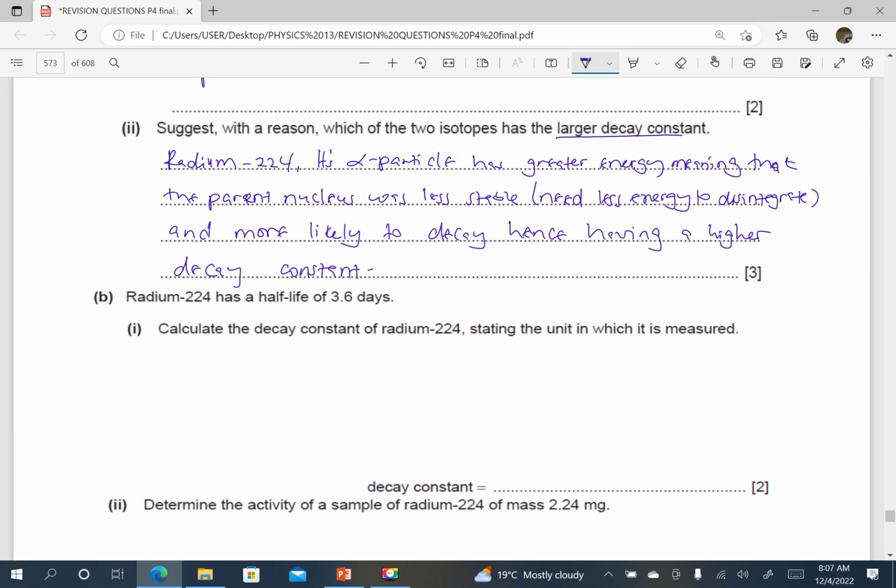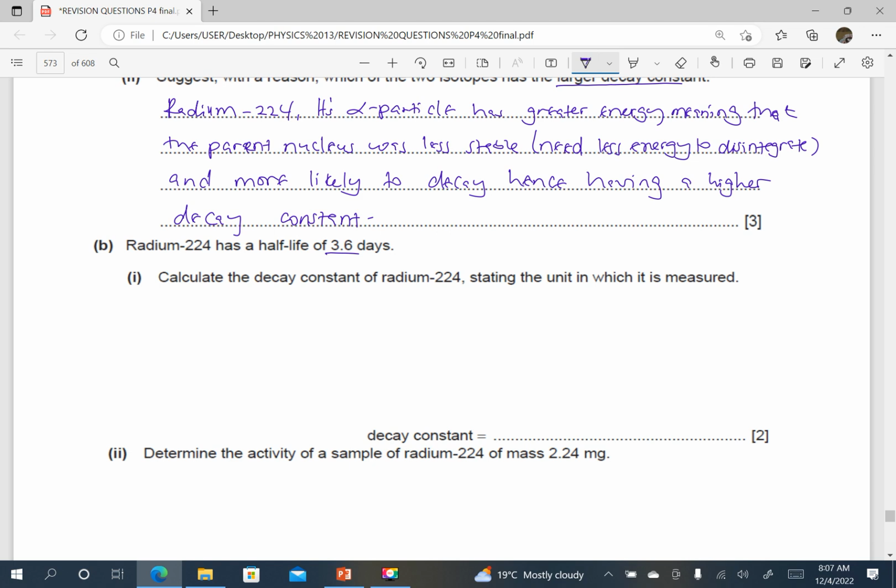Radium-224 has a half-life of 3.6 days. Calculate the decay constant of radium-224, stating the unit in which it is measured.